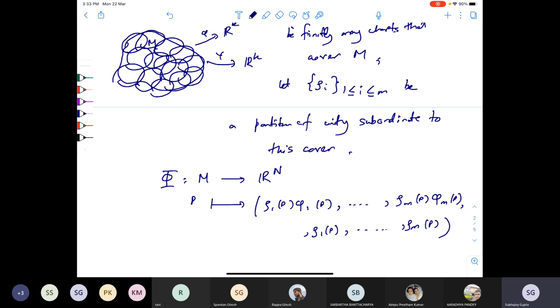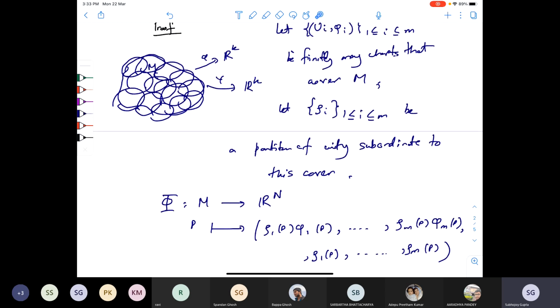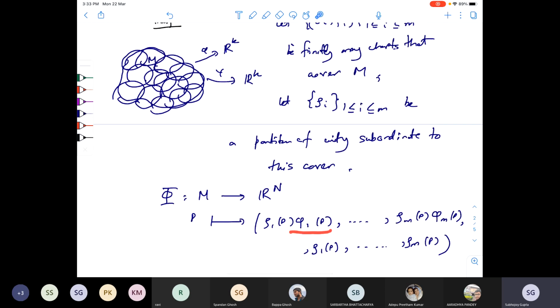So what's the dimension here? Remember, phi 1 of p maps to R^k. These are the charts, phi 1, phi 2 to phi m. So that's a vector in R^k, and this rho is a real number, so you multiply every entry of the vector by the real number.